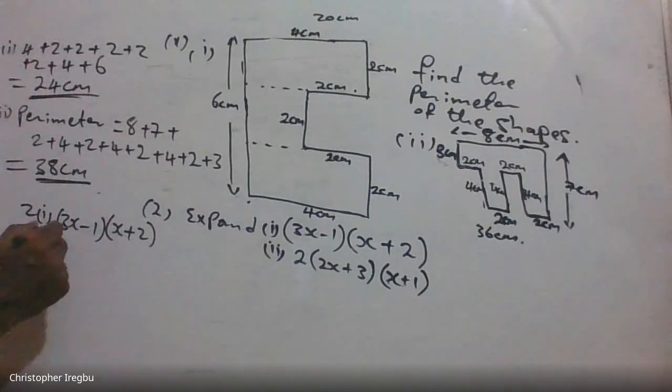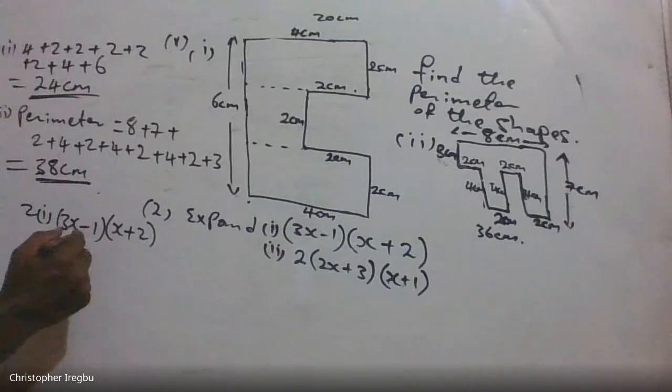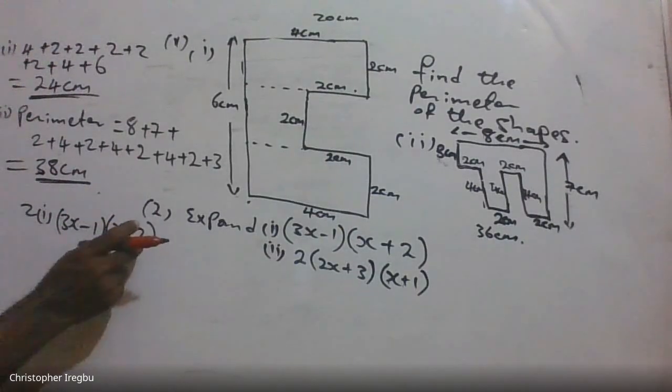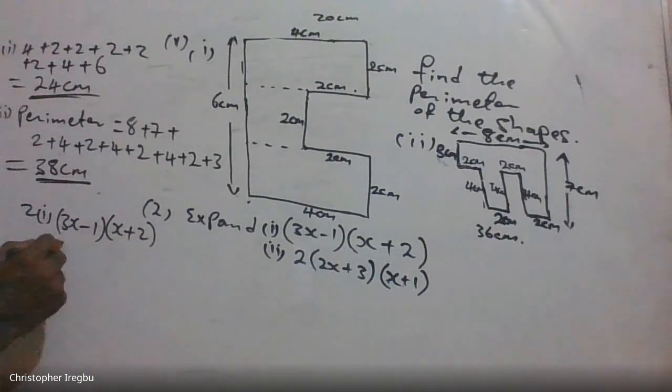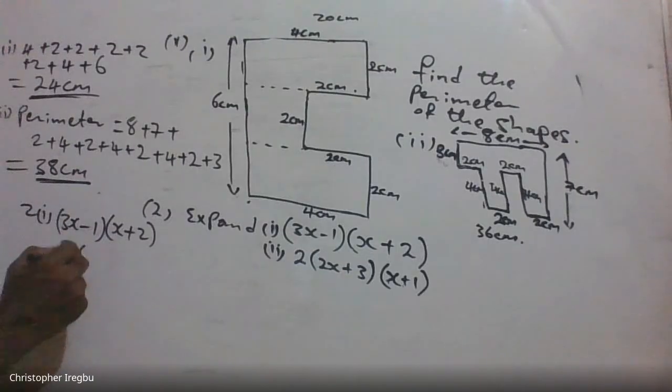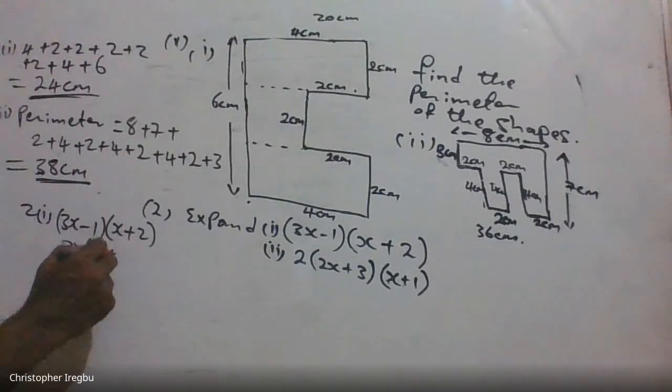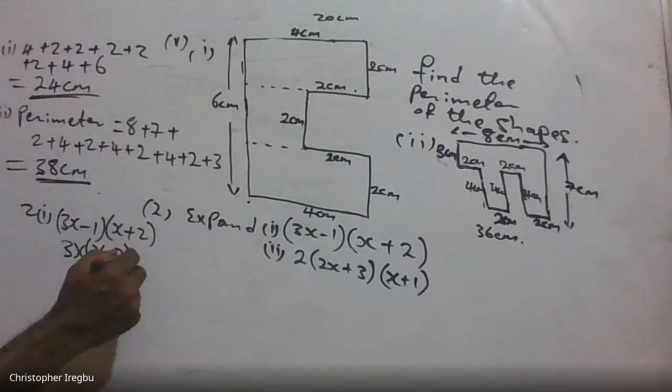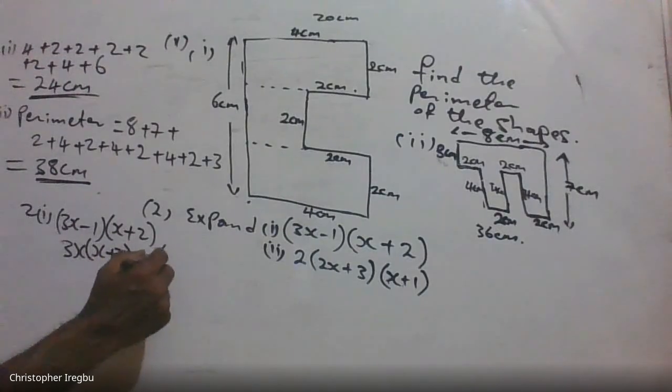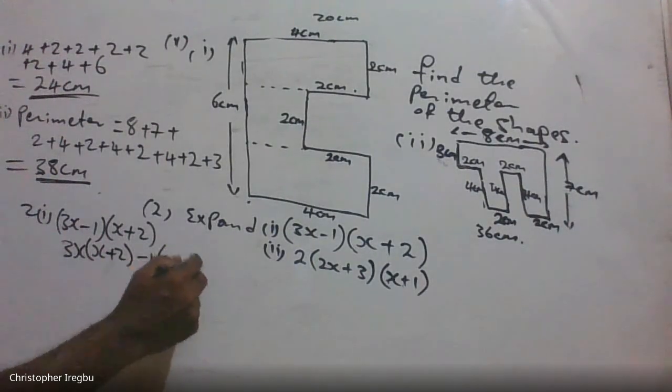Now, 3x minus 1 into this. We are using everything in this bracket to multiply everything in this bracket. So we do 3x, then open bracket, x plus 2. Then you do minus 1, then open bracket, x plus 2.